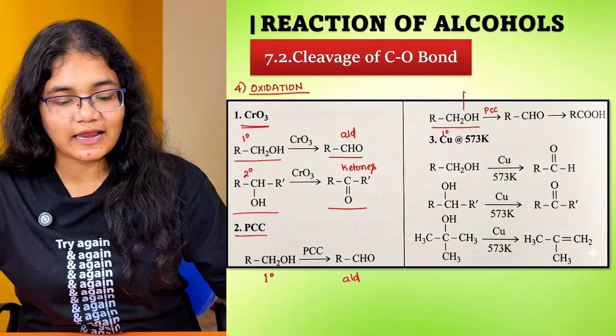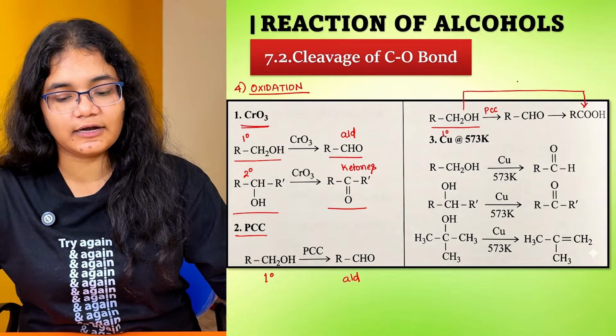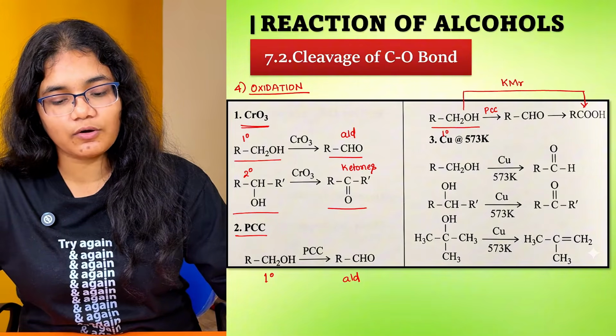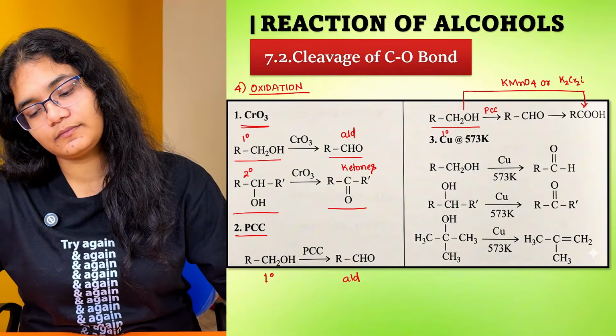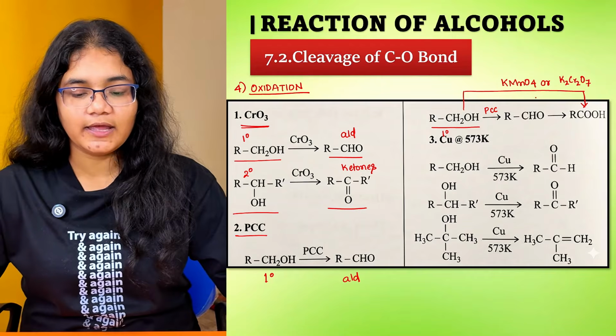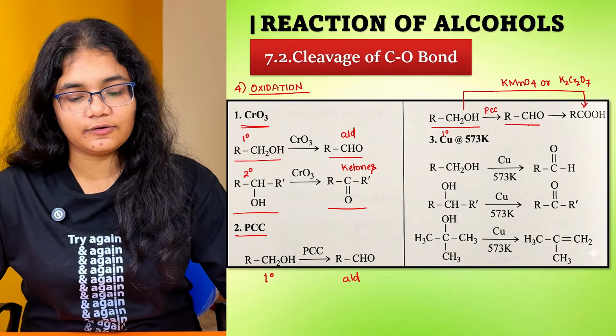But if these alcohols are to be directly converted to acids, for that we need a strong oxidizing agent like KMnO4 or K2Cr2O7. If you use a mild oxidizing agent, you will get RCHO.